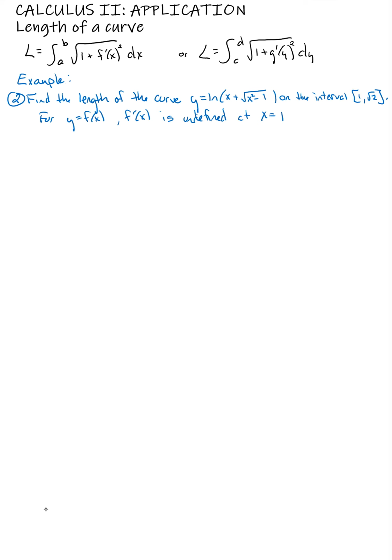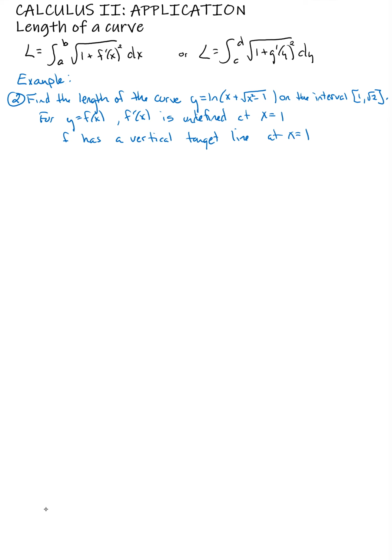Find f prime. And it turns out that f has a vertical tangent line at x equal to 1. Again, finding the derivative, graphing that natural log function, you'll see that there's a problem. So 1 is a problem here.